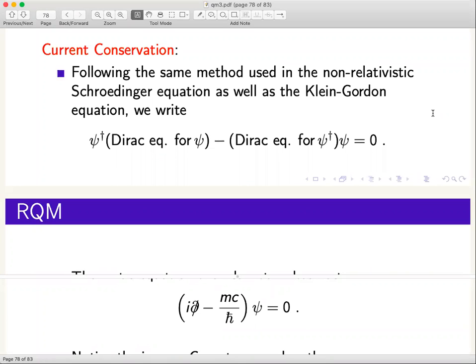In the classically disallowed region, the wave function has some other form, and then you want to construct the full wave function. So what do you do? At the boundary of these two regions, you say that the wave function should be continuous. And you also say that the derivative of the wave function should be continuous. Right? The reason why you do this is because your equation is a second order differential equation, so you need to impose two boundary conditions. Right?